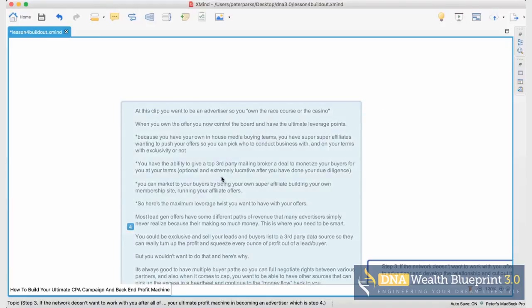You now have the ability to go to third-party mailing brokers and strike a deal with them to monetize your buyers on the back end, with your terms, which is actually optional, but extremely lucrative. You need to do your due diligence, because there are a lot of mailers out there that are corrupt.